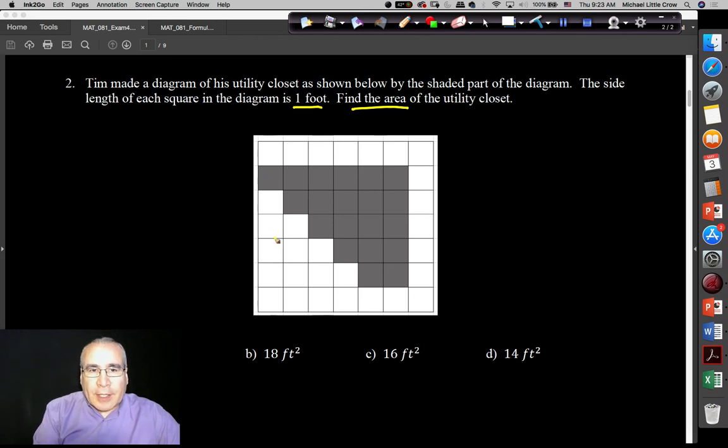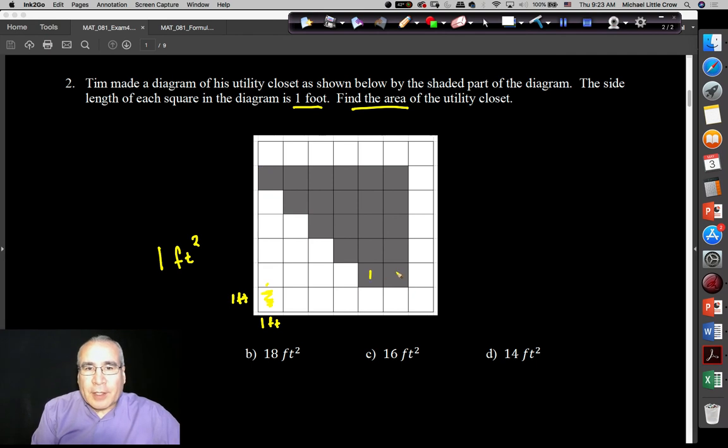So we've got 1 foot by 1 foot. So would it make sense that each square is 1 square foot or foot squared? So really all we have to do is count the number of squares.